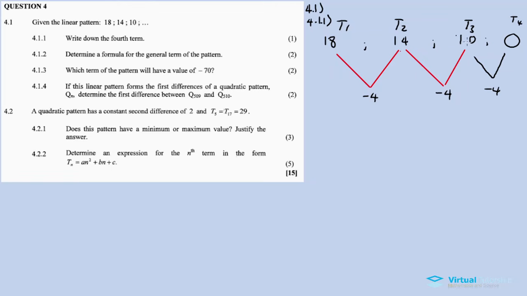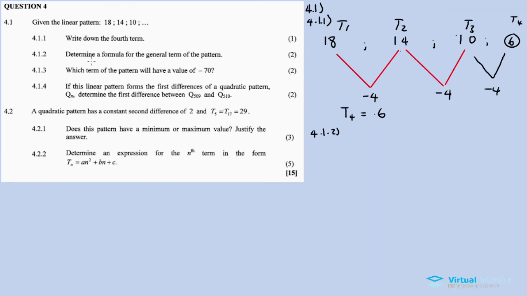So here 10 plus minus 4 gives 6. So our T4 is equal to 6. Basically, in order to get the next term, you subtract 4 from the previous one. T1 subtract 4 gives 14, T2 subtract 4 gives 10, T3 subtract 4 gives T4. So T4 is equal to 6.